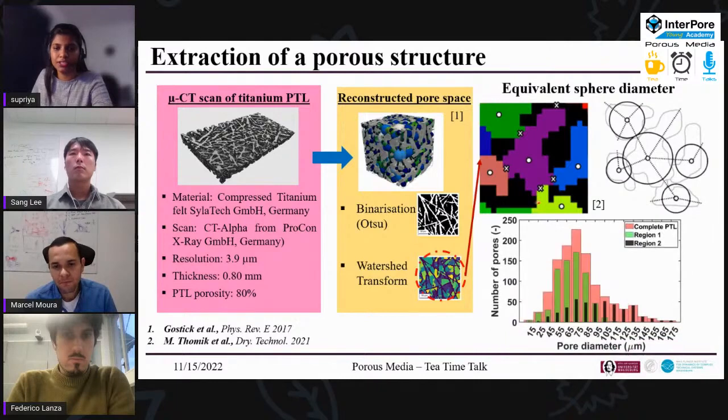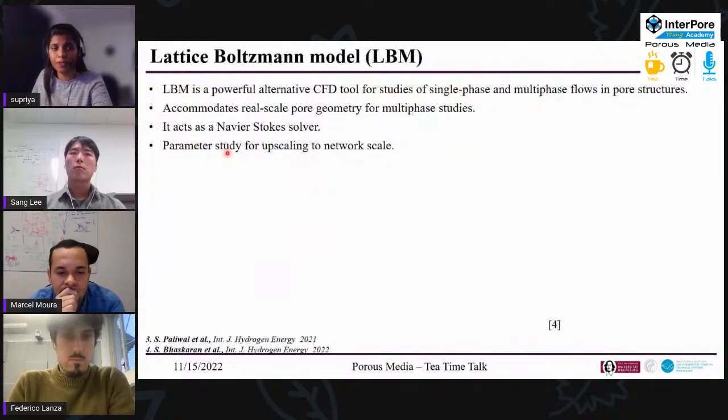So basically here we have the different pore diameters across the PTL structure. And this might vary if we go for a smaller cross section, or we could also see it for different regions across the PTL structure.